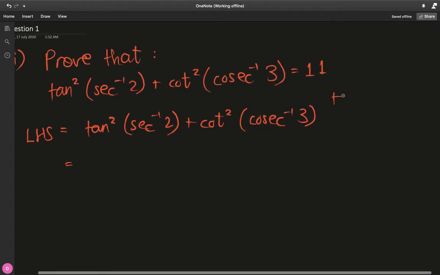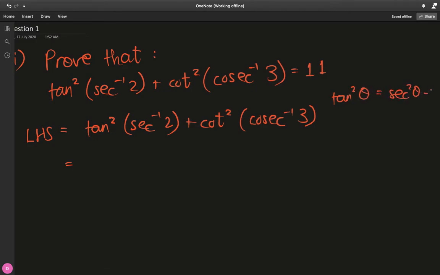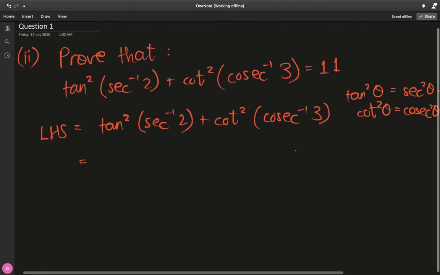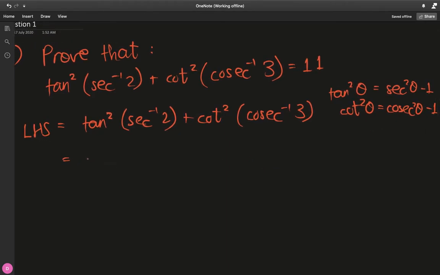So notice that tan squared of some angle theta is equal to secant squared theta minus 1. Same thing with cotangent squared theta, which is cosecant squared theta minus 1. So when we do that, we have secant squared of secant inverse of 2 minus 1 plus cosecant squared of cosecant inverse of 3 minus 1.